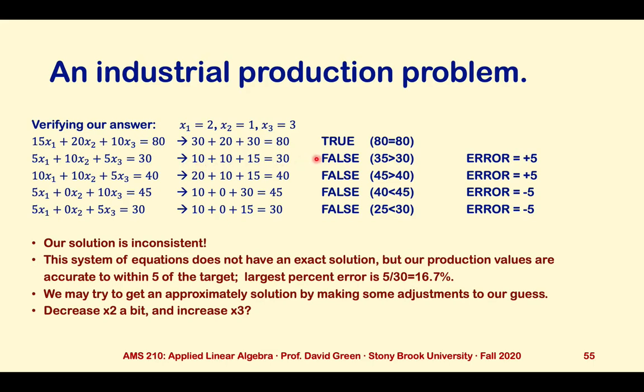The right-hand side is 30. 35 is, of course, greater than 30. We have an error of positive 5 between our actual production and our target. If we plug these same values into the third equation, we end up with 45 on the left-hand side, 40 for the target. Again, false, an error of plus 5. The last 2 equations also are not perfectly satisfied.